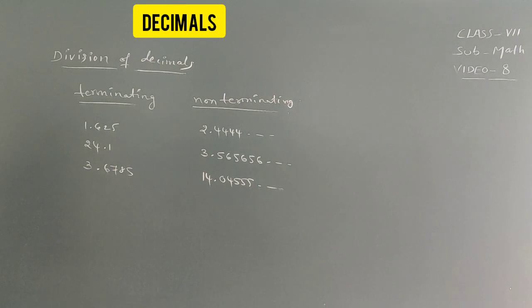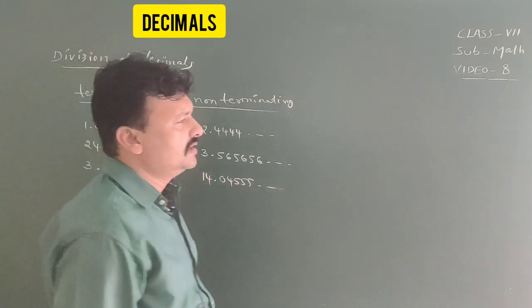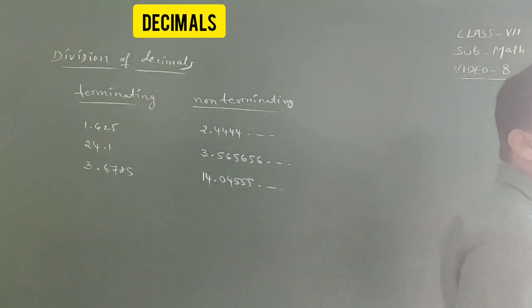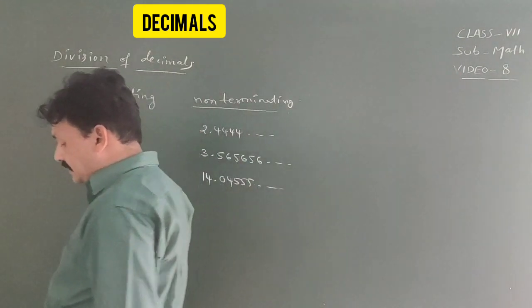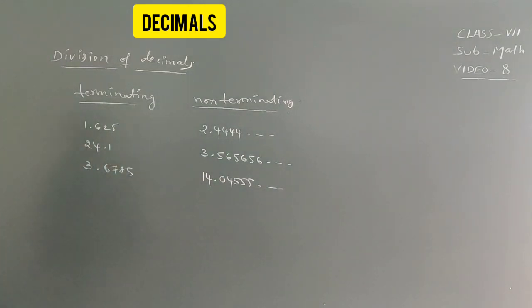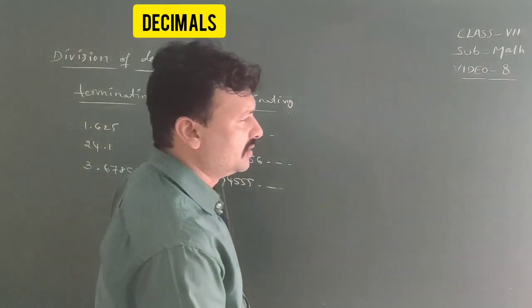In this video, we discussed multiplication of decimals and division of decimals. Here, the similarity: for both cases, we come across three situations. Multiplication of a decimal by 10, 100, 1000, etc., and division of a decimal by 10, 100, 1000, etc. Second case, multiplication of a decimal by a whole number, division of a decimal by a whole number.